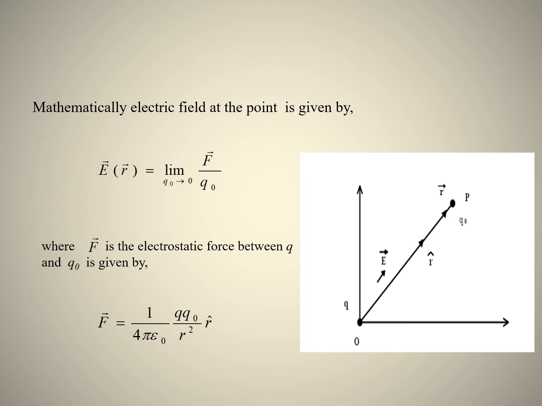In vector form, it will be represented by F vector equals to 1 by 4 pi epsilon naught Q into Q0 by r square into r cap, where r cap is a unit vector along the direction of small r vector.